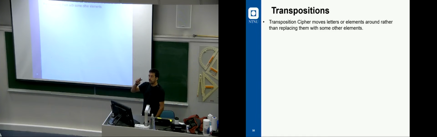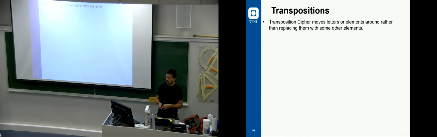For example, we replace A with some other letter, but here in transpositions we don't do that. We actually rotate them, move them in some other way. We will see those in examples as well.